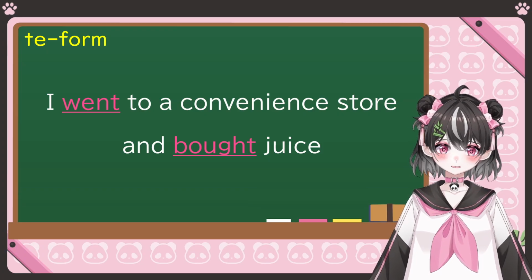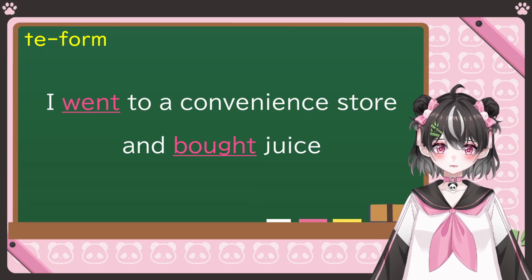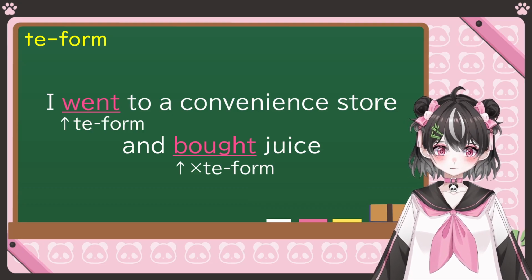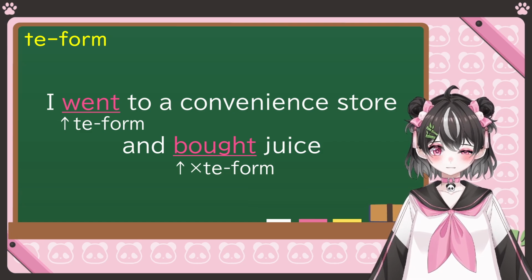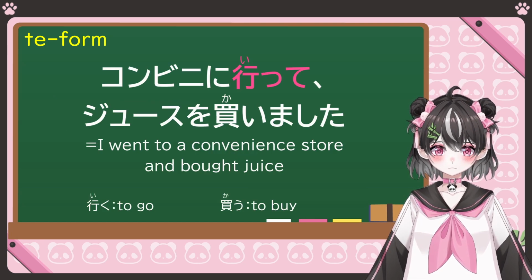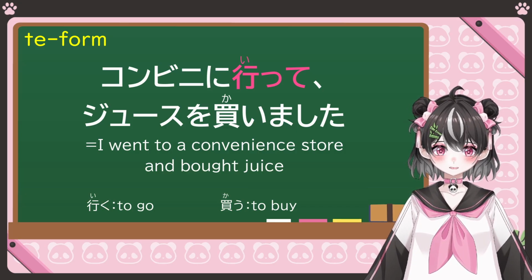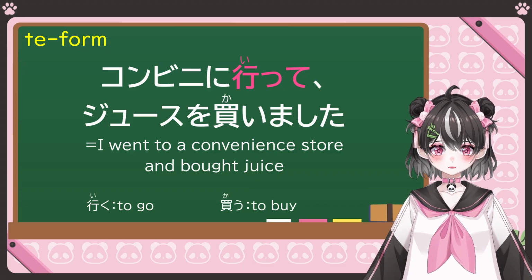In Japanese, in this kind of sentence, you put all the verbs except the last one into the te form. So in Japanese, it would look like this. コンビニに行ってジュースを買いました。In other words, te form works like the English word and.